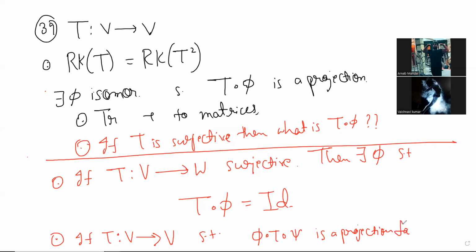Okay, you can translate it to the language of matrices and look at it as row column things and whatnot. Projection for some phi and psi. Okay, this probably you already know, and then use it to prove the rank nullity theorem.